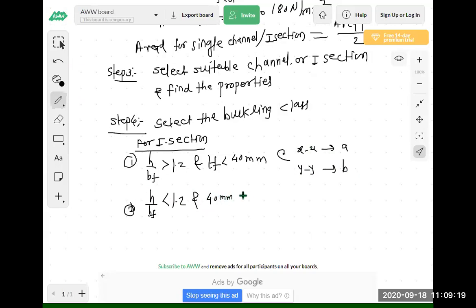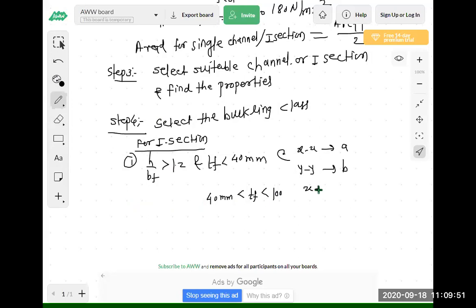One more condition is there: TF less than 100.